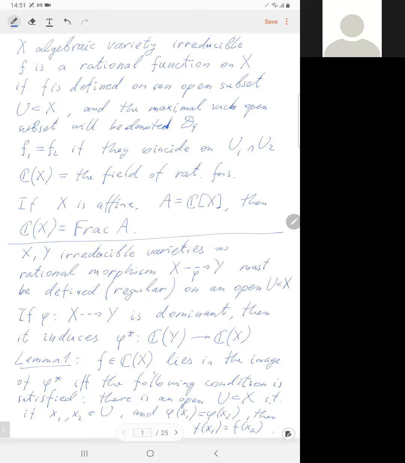Okay, so we will not prove this lemma. Just refer to basic algebraic geometry.